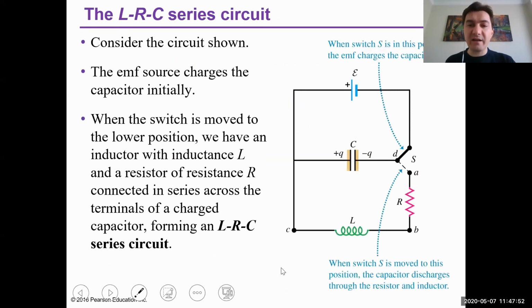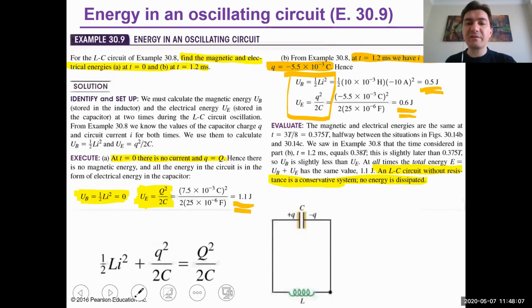So we will see that in reality we have resistors in the circuits, and we also have resistance of the wires. So then this type of circuit, LC circuits, goes to LRC series circuits.